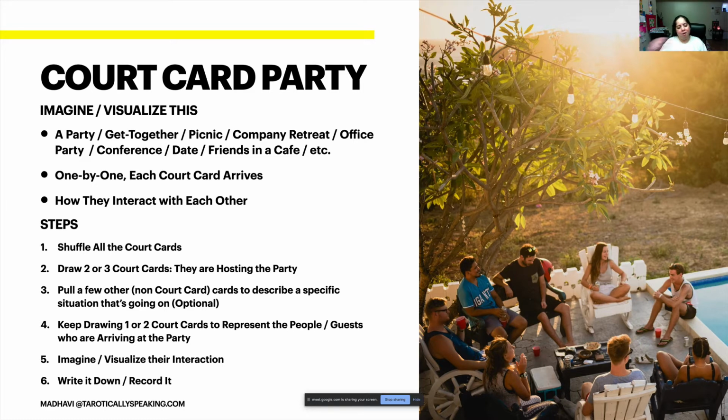Then just have one code card show up, another code card show up, and see how they're interacting with each other. This is a fun way for you to get to know them as they interact. You might even say, oh, this person is just like my friend so and so, or that person is just like my office colleague, or I know a person who's exactly this personality, right?